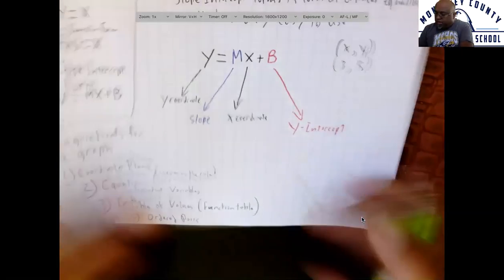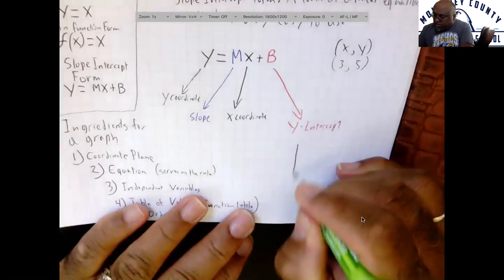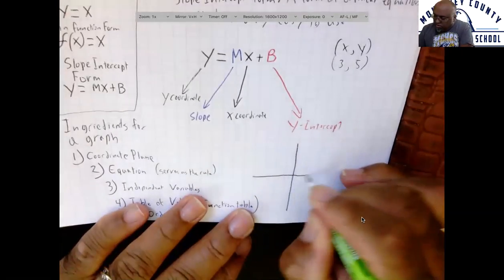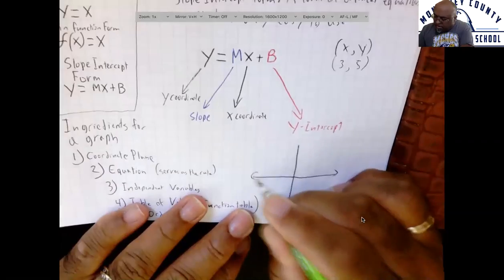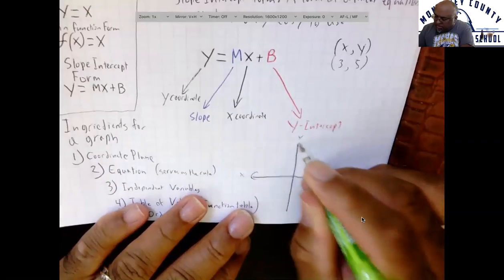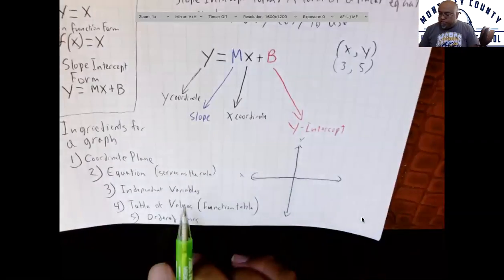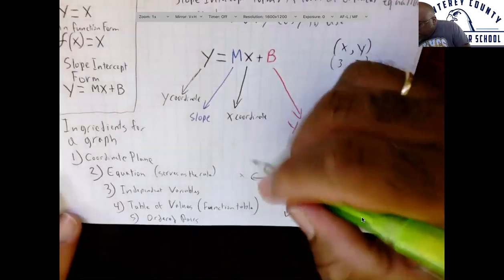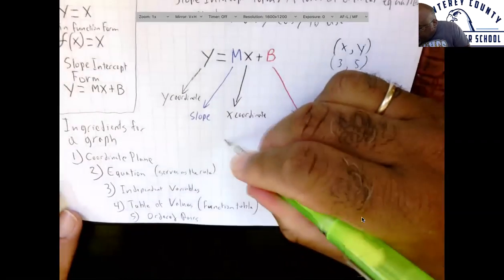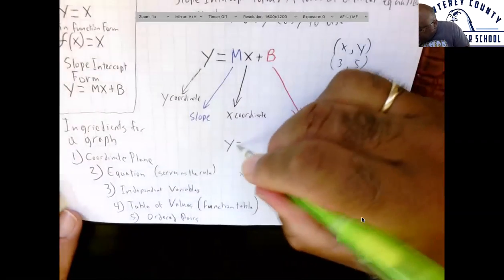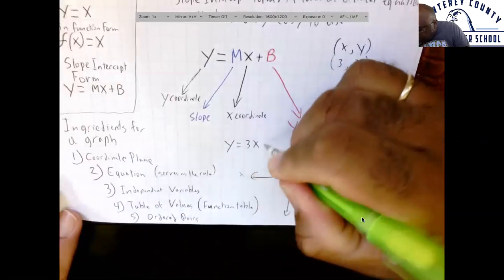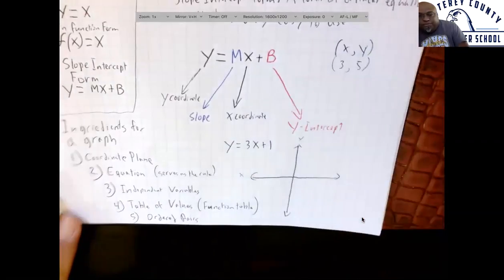And a coordinate plane is quite simply 2 lines, an x-axis and a y-axis. Second thing you need is an equation, right? So I'm just going to use this. y is equal to 3x plus 1. Okay?